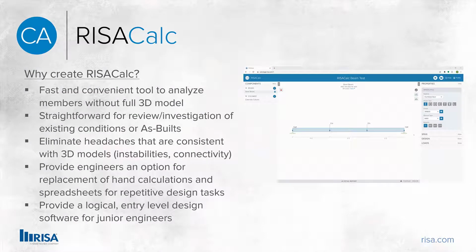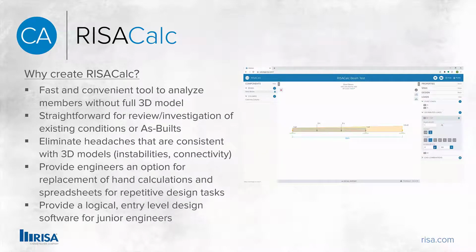So the question that we asked ourselves, and the question that people have been asking us, is why create RISACalc? As I've been pondering this question and talking to customers about it, I came up with a few things. RISACalc is a fast and convenient tool to easily analyze members without the need for a full 3D model.